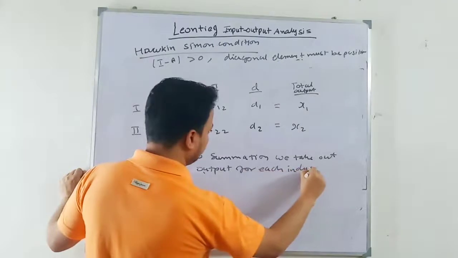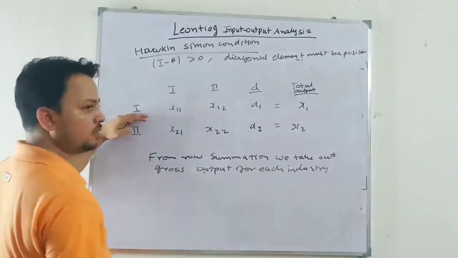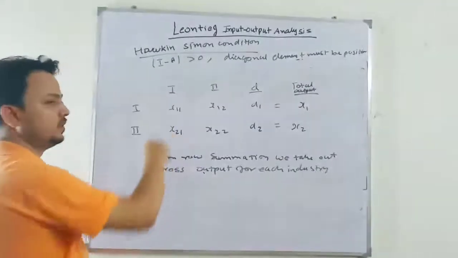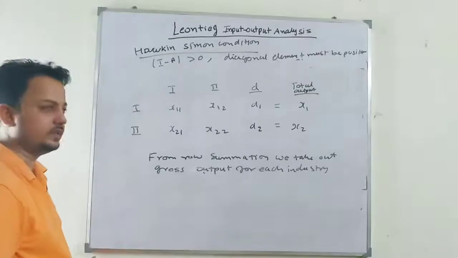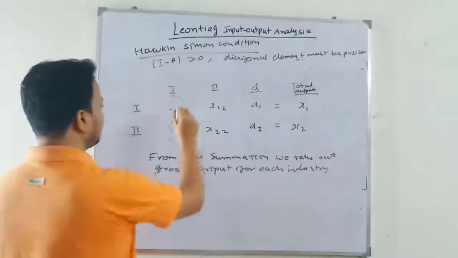So the first row represents the first industry, the second row represents the second industry. From the column, we get the consumption of each industry. So this is the consumption of the first industry.